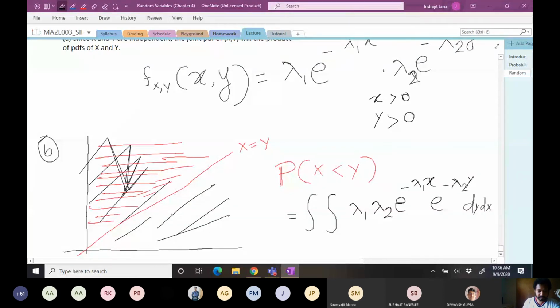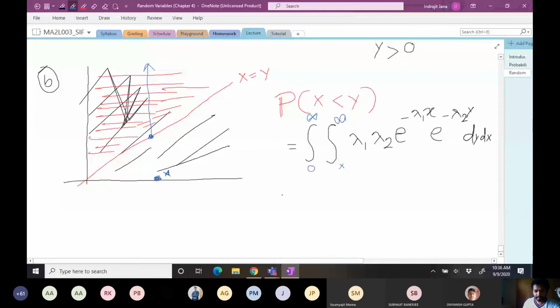If I do dy dx, for any fixed x the range of y is from this line, x equal to y, up to infinity. So the range of y is from x to infinity, and the range of x is from 0 to infinity. I'm writing in uppercase, although I am supposed to write in lowercase, because my pen is not responding nicely.